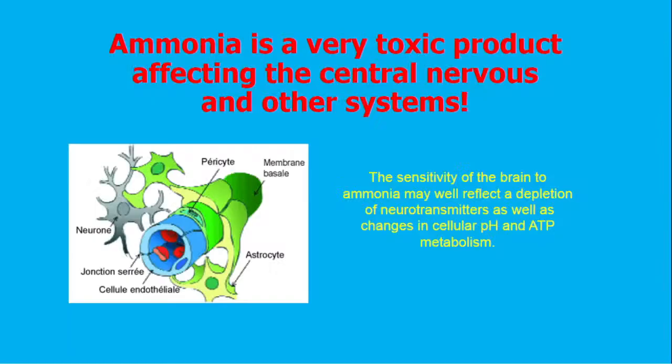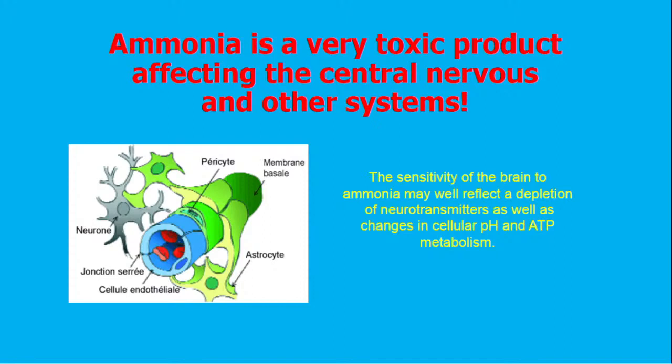Now we need to note that free ammonia is a very toxic product, and it can affect the central nervous system and other systems due to changes in the formation of neurotransmitters, changes of pH, and ATP production.